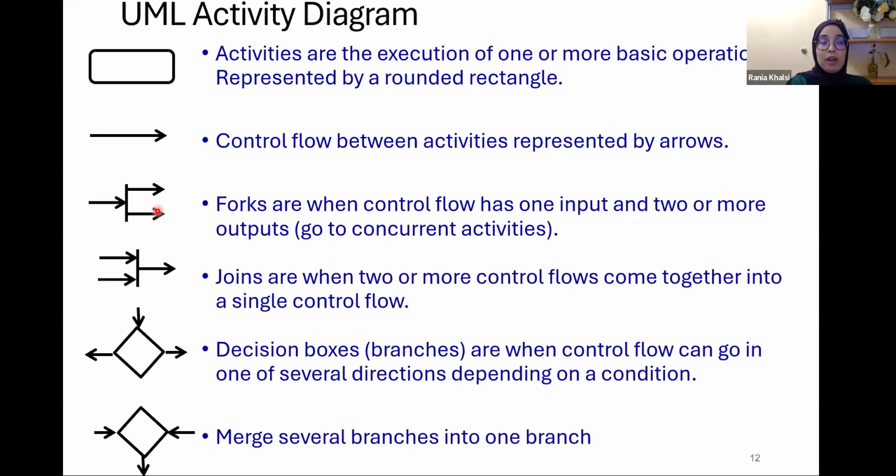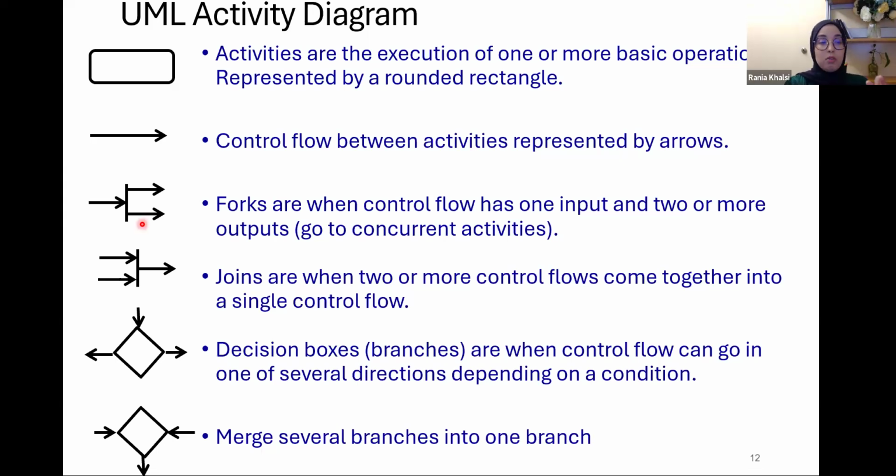You can have 3, you can have 4, but no matter how many, they are going to be executing in parallel. In this case, it looks like the fork that we use for eating. So you have one input and a minimum of 2 or more outputs. This is called a fork, okay? And the fork is used when a control flow has one input and 2 or more outputs, as I'm explaining.